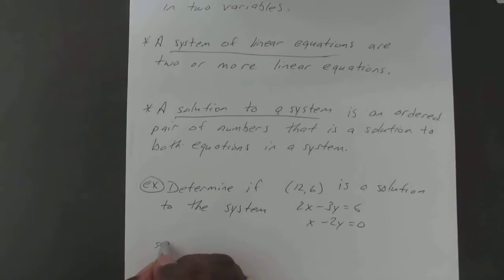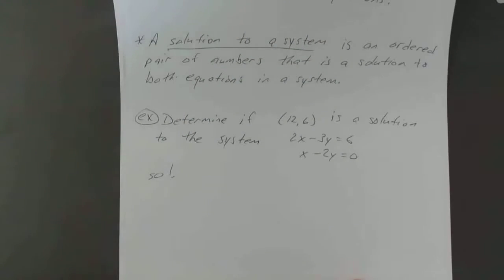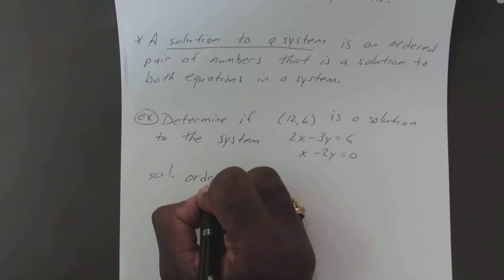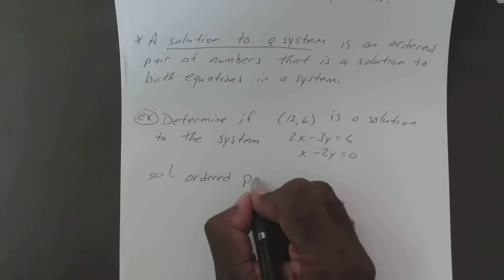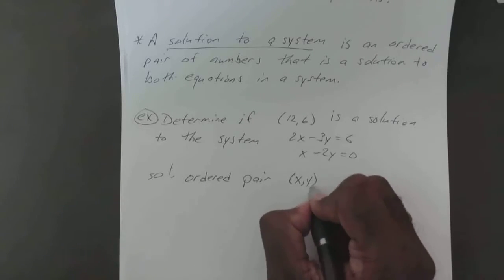Okay. Now a solution, you know that an ordered pair, if you remember, is just x comma y.